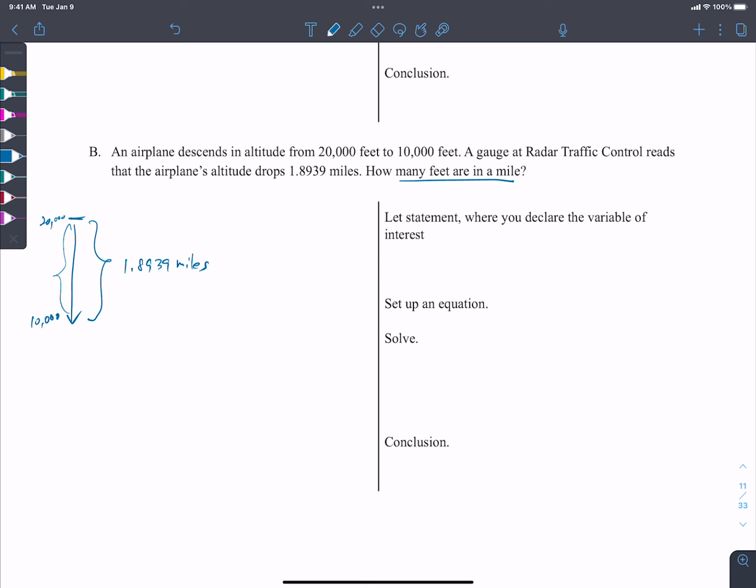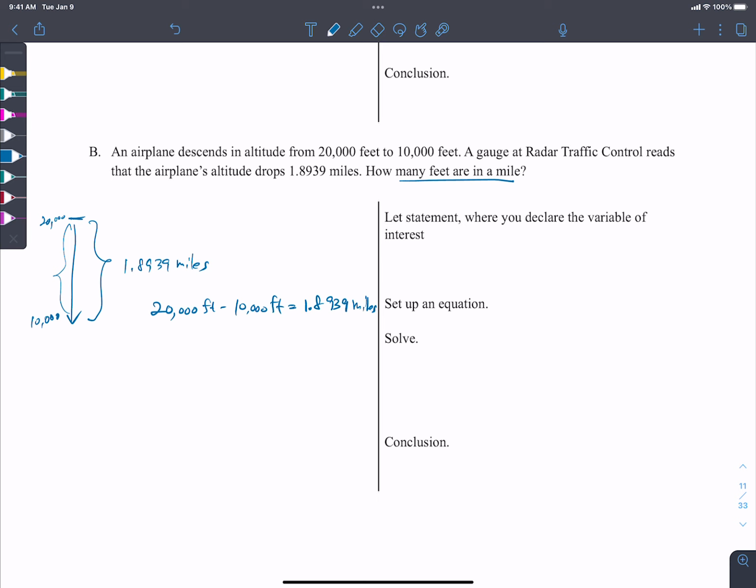It's 10,000 feet. How'd you get that, Mr. Yu? Well, according to this, let's say we don't know that yet, right? What it said was 20,000 feet minus 10,000 feet is equal to 1.8939 miles, right?